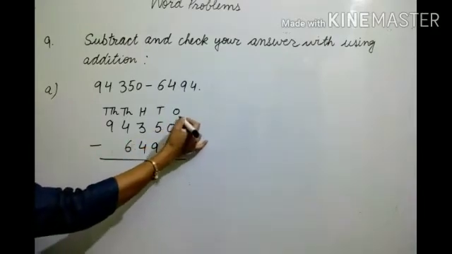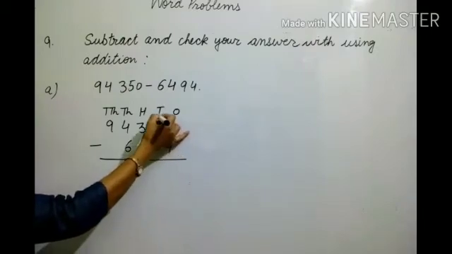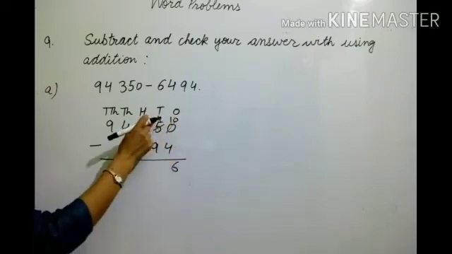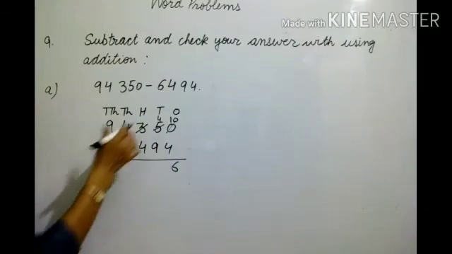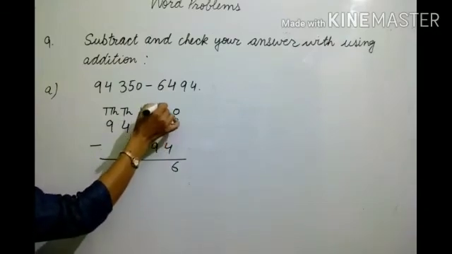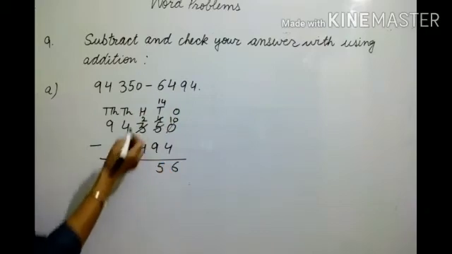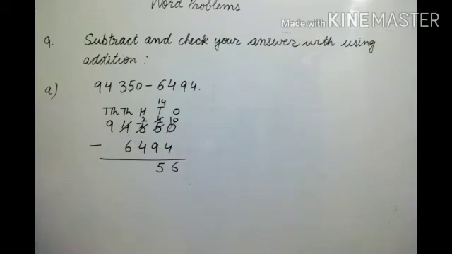Now first you subtract starting from the 1's place. At 0 minus 4 we cannot do, so we take borrow. 10 minus 4 is 6. Now 4 minus 9, again we need to take borrow, as 4 is less than 9. Here becomes 14. 14 minus 9, 5. Now 2 minus 4, again we need to take borrow, as 2 is smaller than 4.